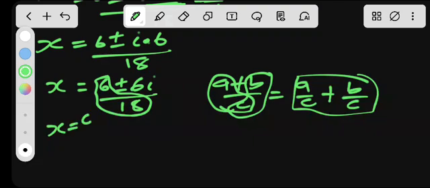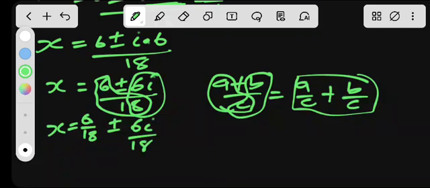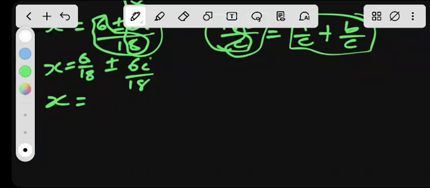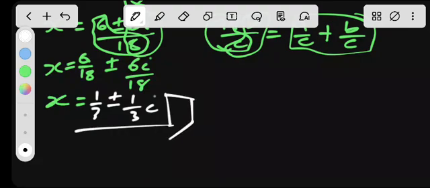This will be equal to 6 divided by 18 plus or minus 6i divided by 18. So this will simply give us 1 over 3 plus or minus i times 1 over 3. So this is what we have so far, guys. In this typical question, this is what we'll have.